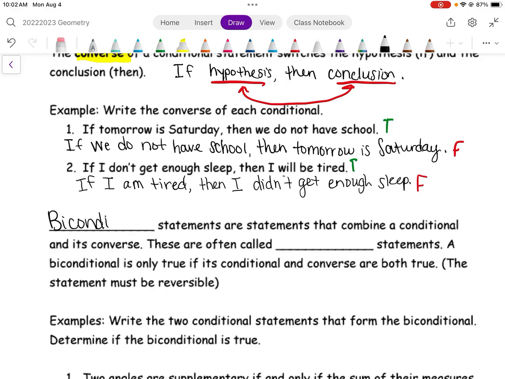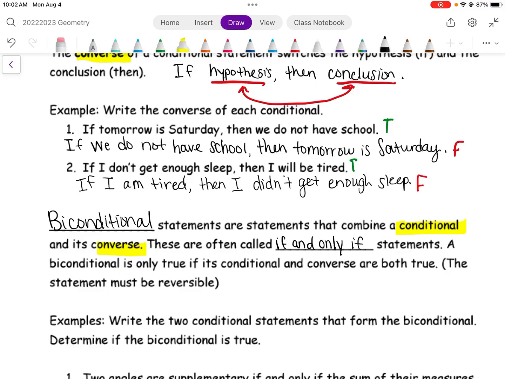A biconditional, again, that bi part means two. Biconditional statements are statements that combine a conditional and its converse. So it's like a 2-for-1 statement. These statements are often called if and only if statements.